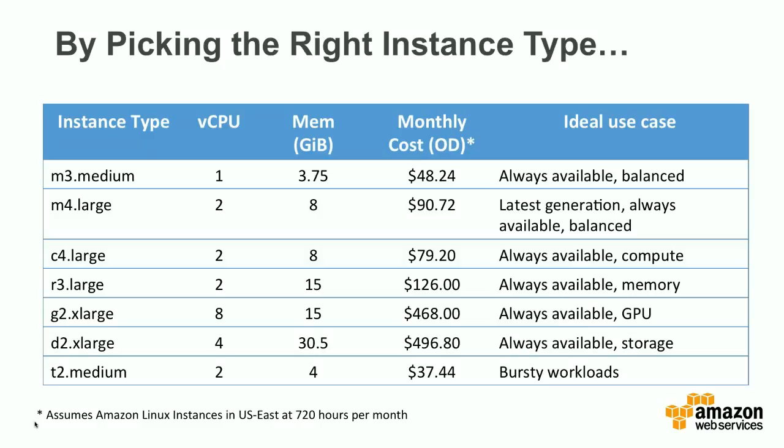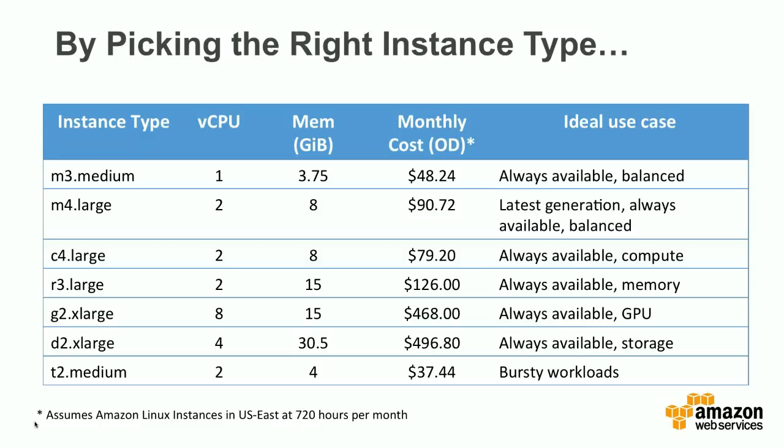You can simply change an attribute on the instance itself. It does require a reboot, but you can very quickly have a new instance type for your same or existing application. So you have a lot of flexibility when choosing or changing the instance type.